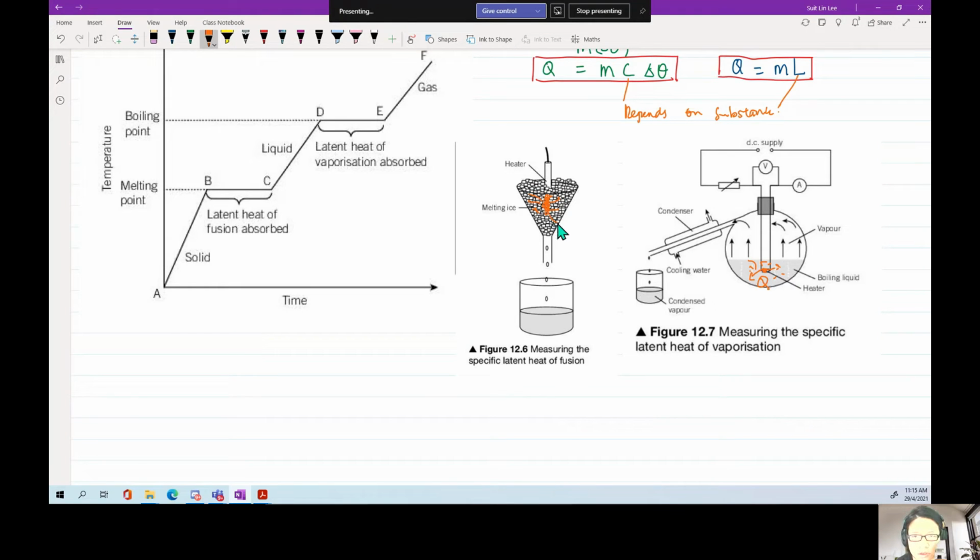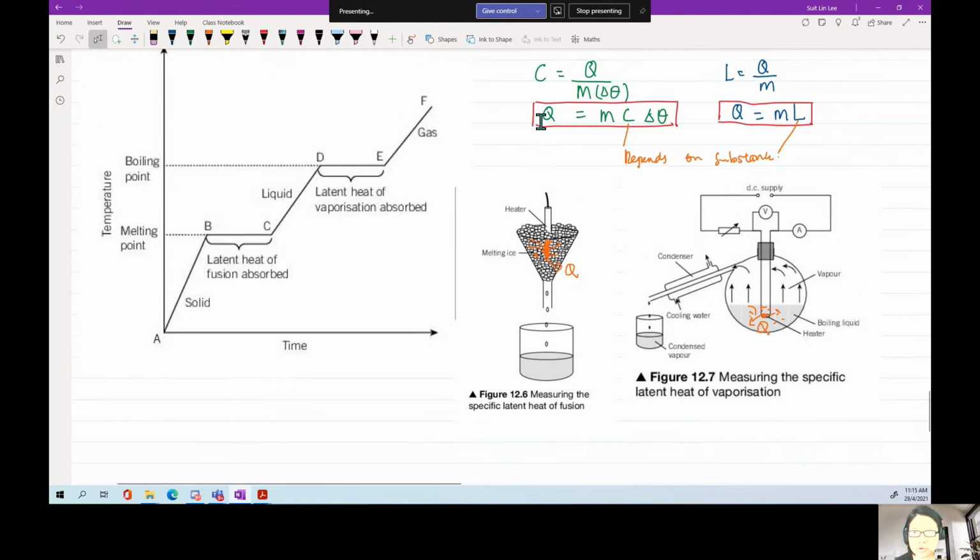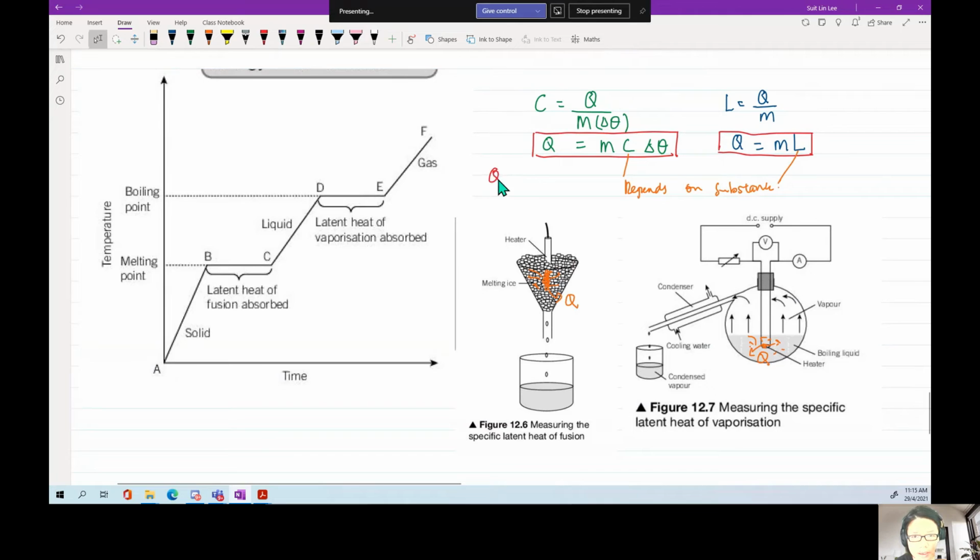Q. This one transferred out is Q. To find Q, we will need to use the equation PT: power of the heater multiplied by how long you turn the heater on. Makes sense, right? The longer you turn the heater on, the more heat will travel to the surroundings and cause your change in temperature, change in state.